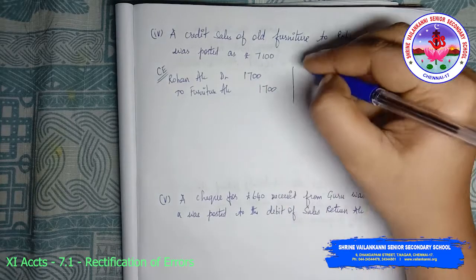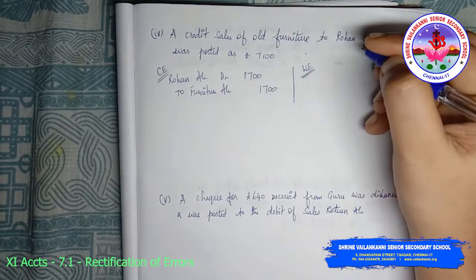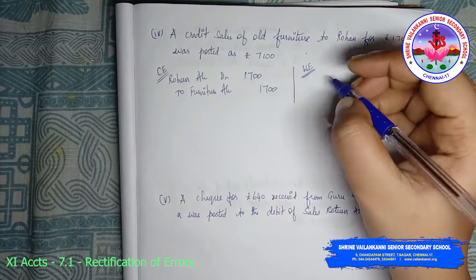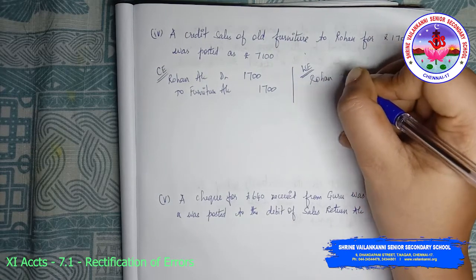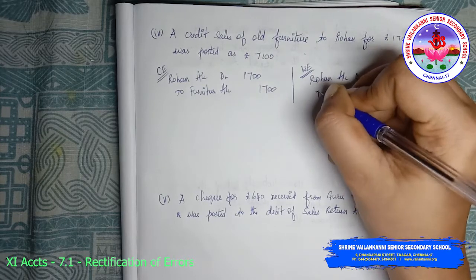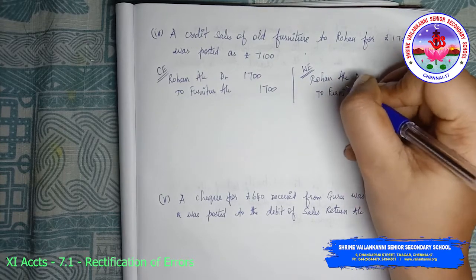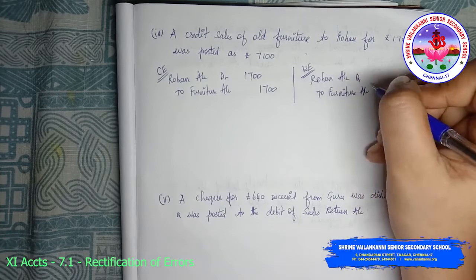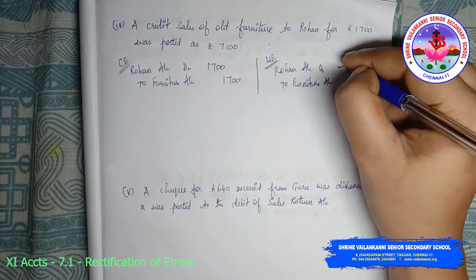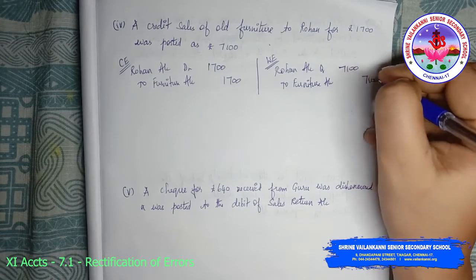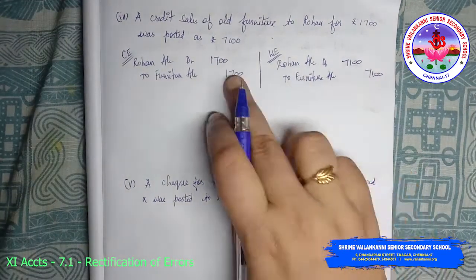This is the correct entry. What is the wrong entry? The wrong entry that they have done is Rohan account debit to furniture account 7100 they have written. So there is a mistake.